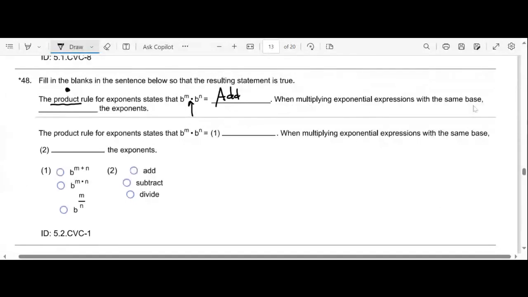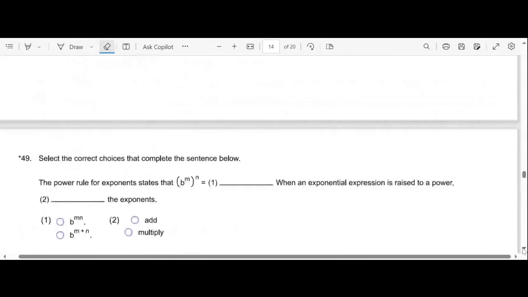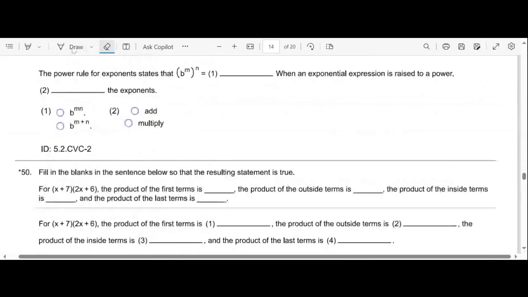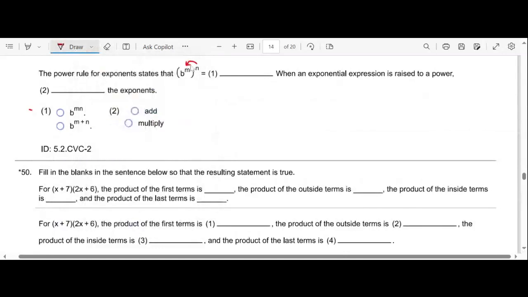When multiplying expressions with the same base, here it is going to be b to the power of m plus n, and here we add. The power rule: here we have to multiply, so it's going to be b to the power of m times n, and here we multiply.